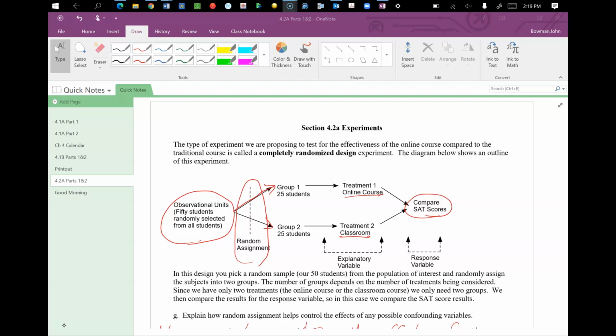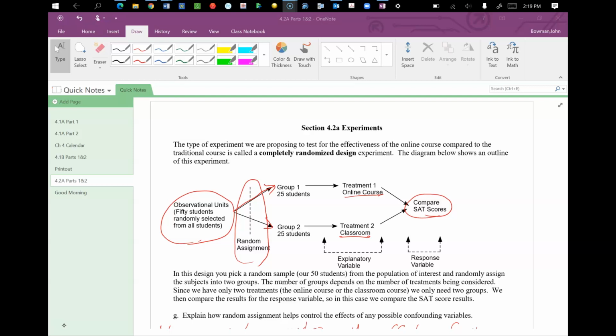And all of those possible things that we're not interested in studying the effects of, that could be affecting the response variable, hopefully are equalized. And then if we apply the various treatments to the various groups and we see a statistically significant difference in the responses, then we can say this difference is big enough so that we don't think it's just due to chance variation between the groups.